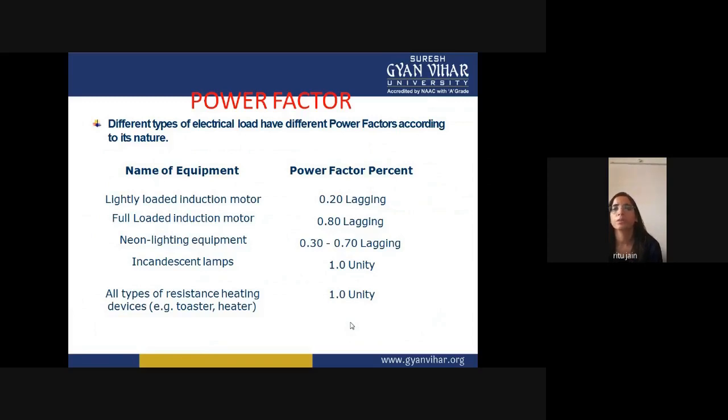If the equipment is neon lighting equipment, it has 0.30 to 0.70 lagging power factor. If the equipment is lamps, then it will have 1.0 unity power factor. All types of resistance heating devices have unity power factor.